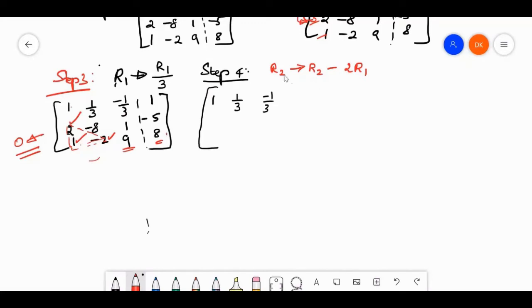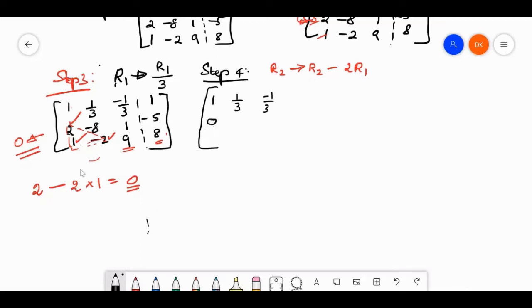You see that R2 is equal to the first element, what will come? The existing R2 value is 2, minus 2 multiplied by the row 1 value. Row 1 first column is 1. So that is 2 minus 2, then it will come 0. So here I put it as 0.